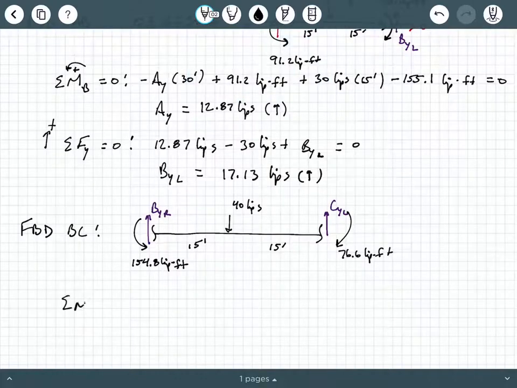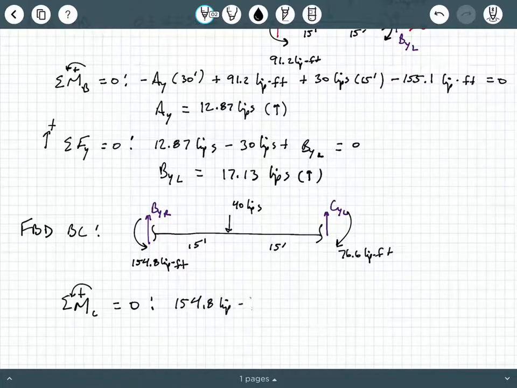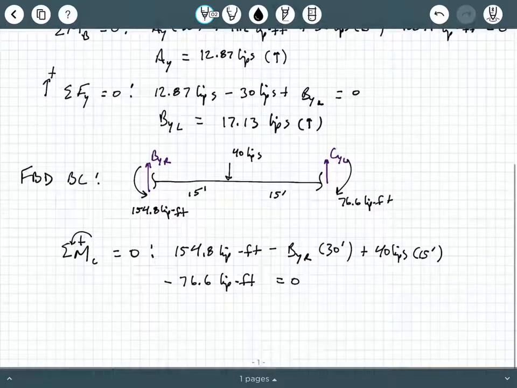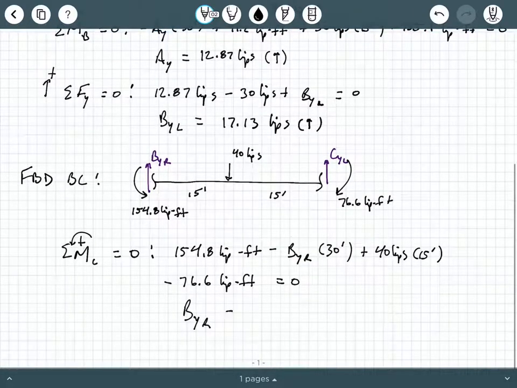So here we go. I'm going to say sum of the moments about C equals 0. And when I do that, I've got 154.8 kip feet, and then minus BY right times 30 feet, plus 40 kips times 15 feet, and then minus 76.6 kip feet equals 0.